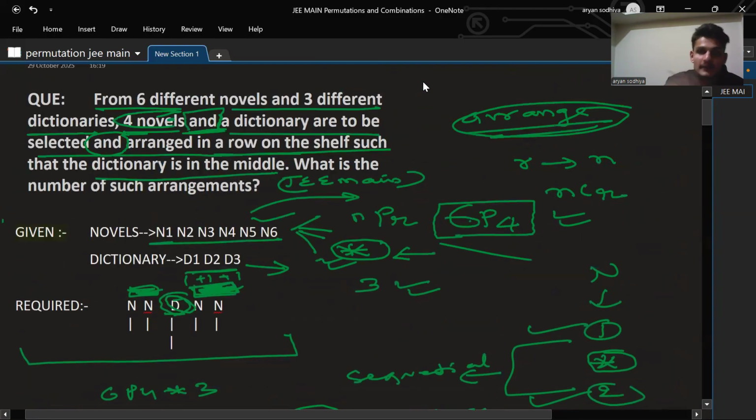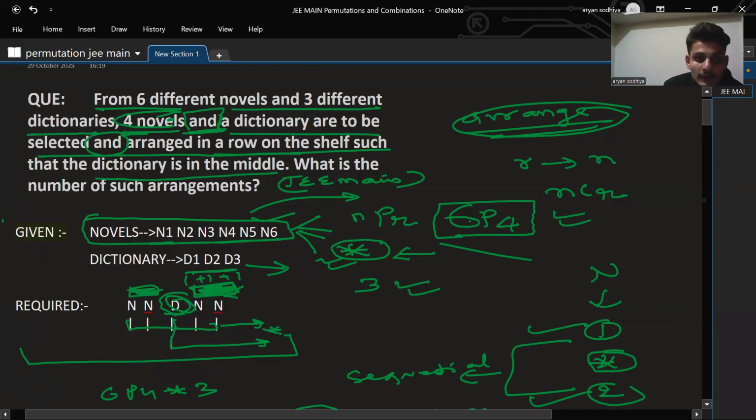So again, summarizing, this task is split into two tasks. First, you arrange the novels, 4 novels out of 6. This is the first task, and this is the second task. First novels and then the dictionary. So and is coming, so you will multiply both of them.